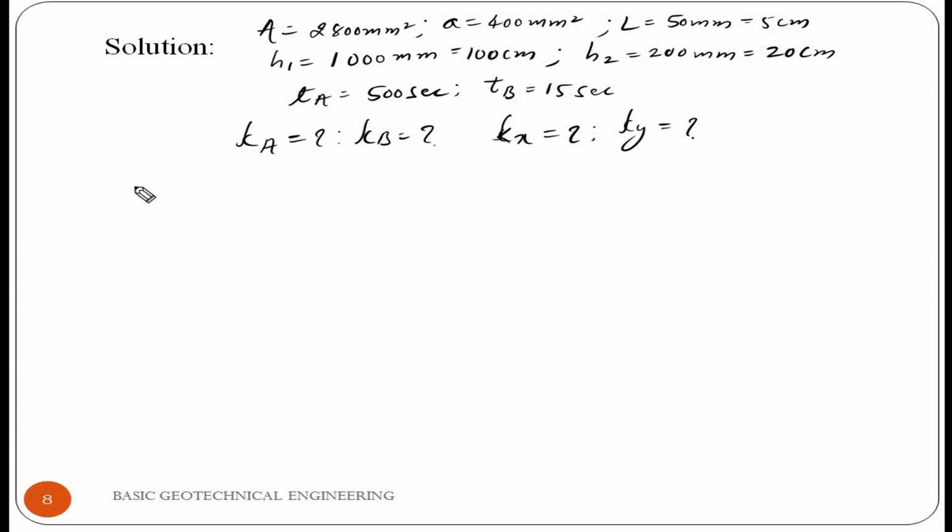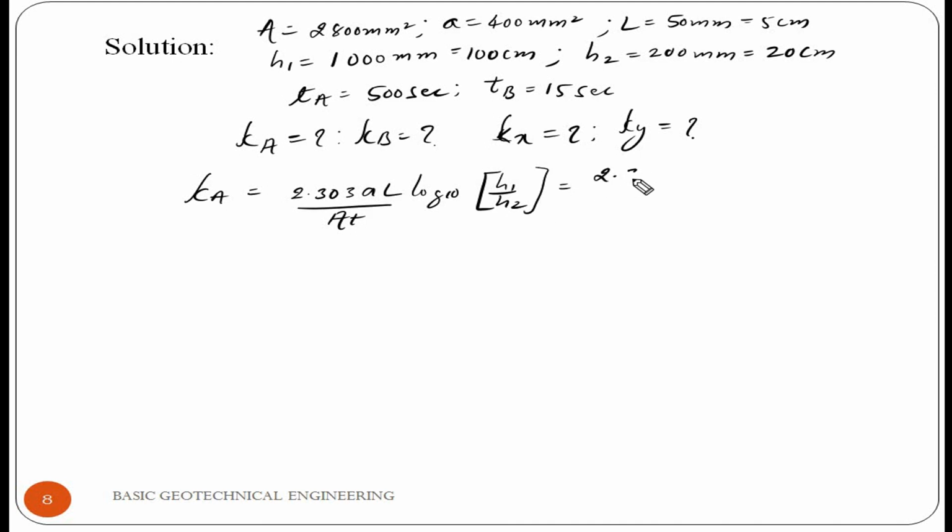So now let us see. We know that for the falling head method, the coefficient of permeability equation is Ka is equal to 2.303 a L divided by A t, log to the base 10 of H1 by H2.